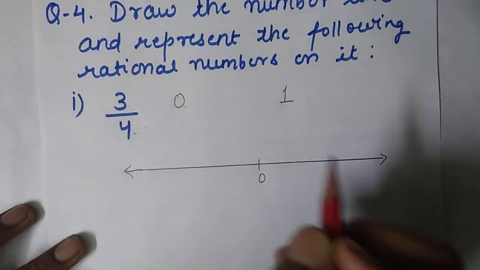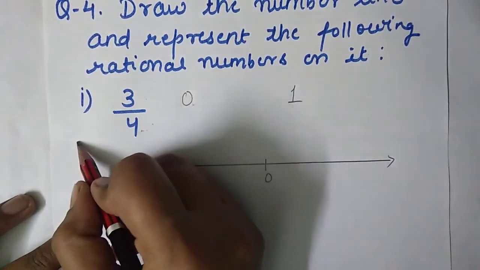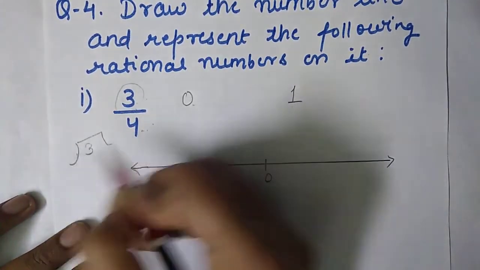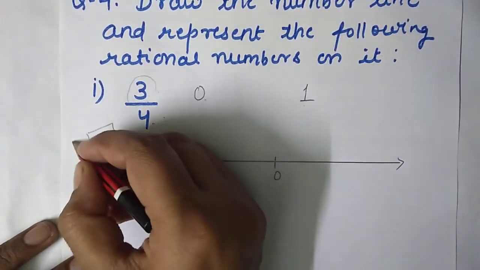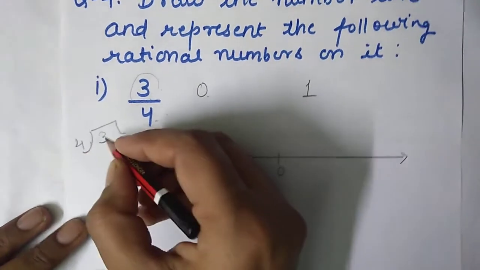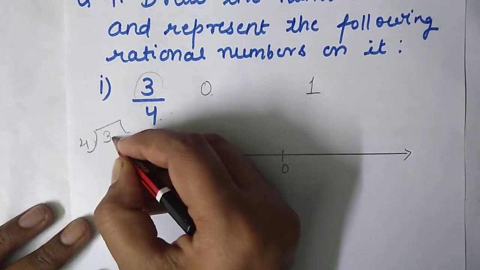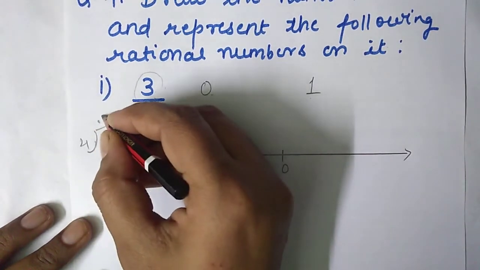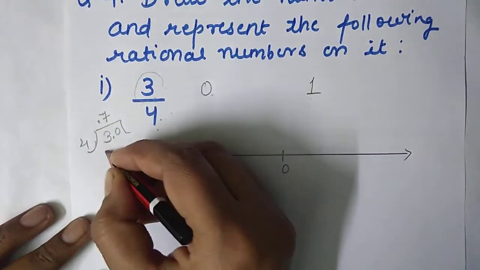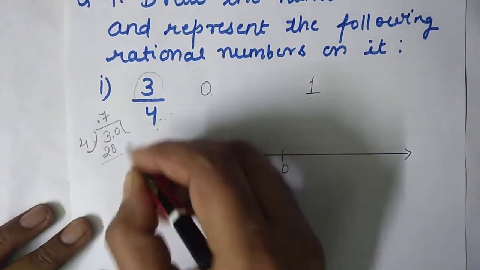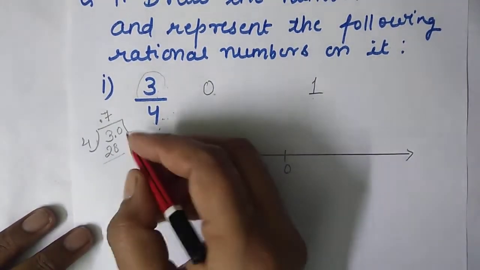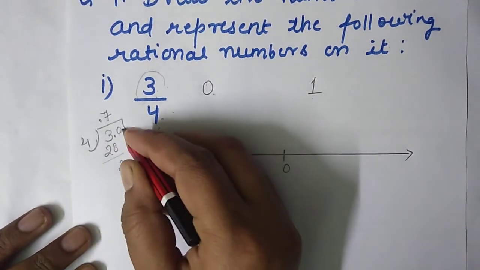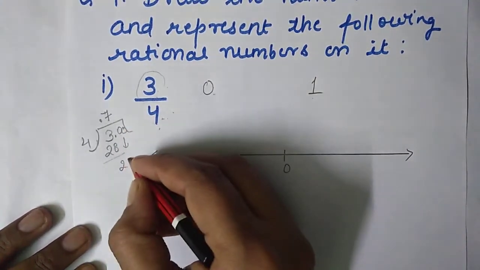How do you come to know about this? Because if you divide, the numerator is always the dividend and the denominator is always the divisor. So if you divide 3 by 4, we have to put a decimal point. 7 4s are 28. Now I will find the division up to 2 decimal places. So 10, this is 2. Now again I will take a 0 downwards.